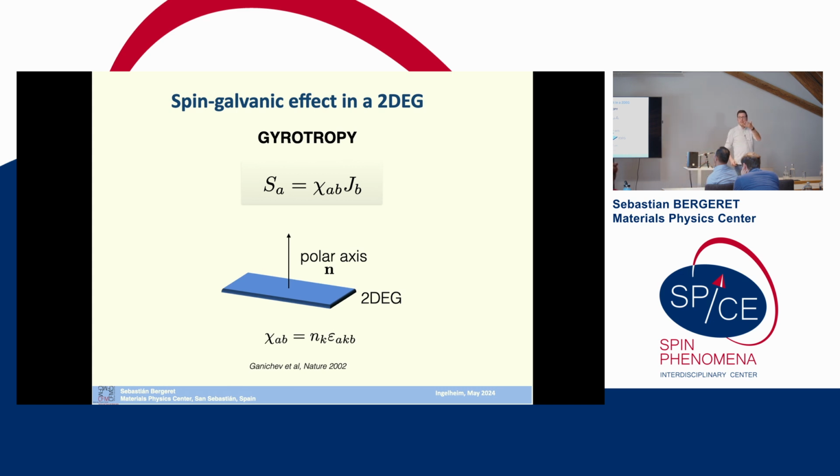We have seen today a Rashba system. In the Rashba system, we have a usually two-dimensional electron gas. We have a polar axis, which is this n, and we contract this n vector with our totally antisymmetric tensor. And here we are. Here we have our second rank pseudotensor. So if spin-orbit coupling is sizable in that system, we expect to have a spin galvanic effect.